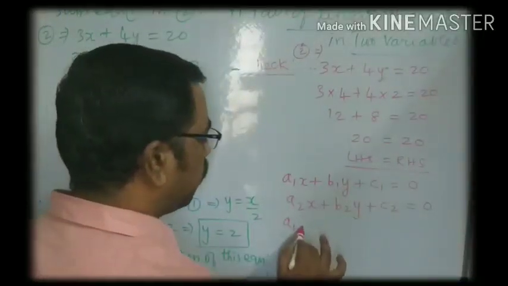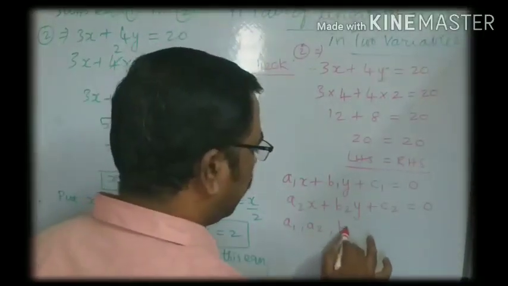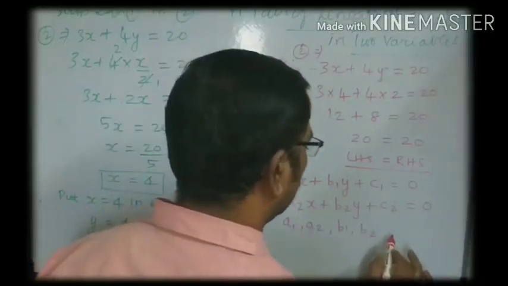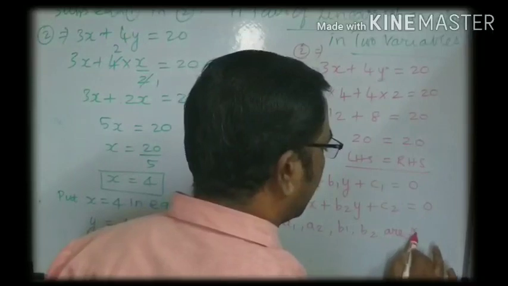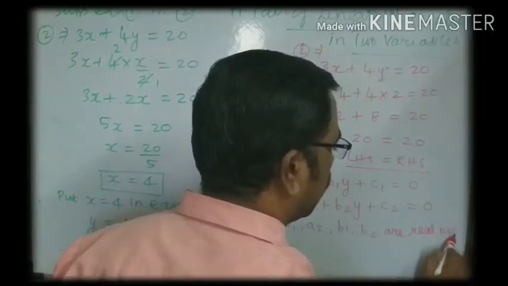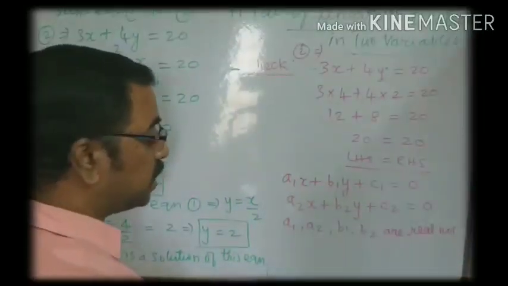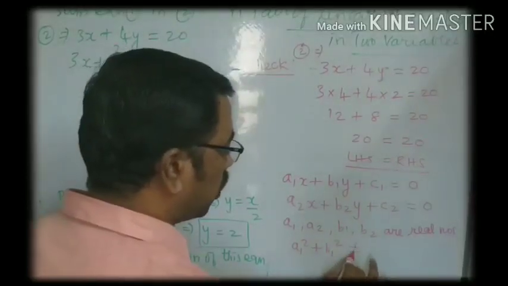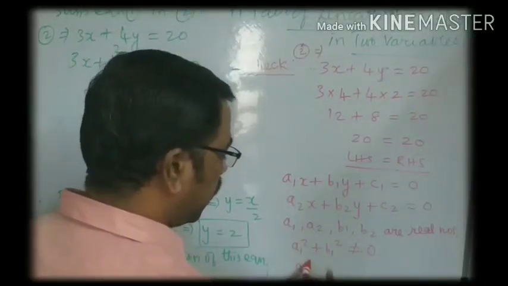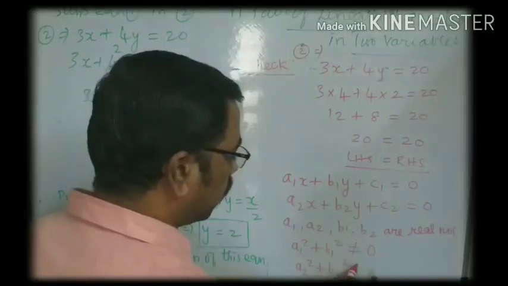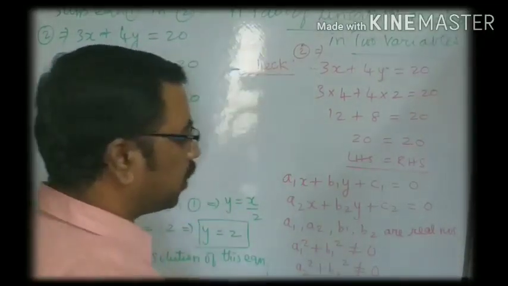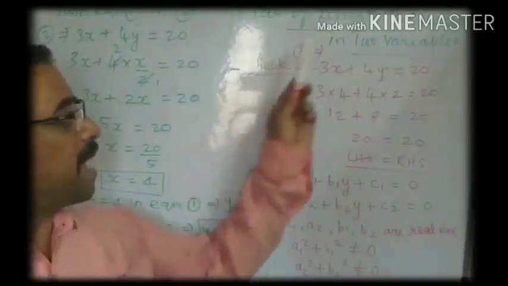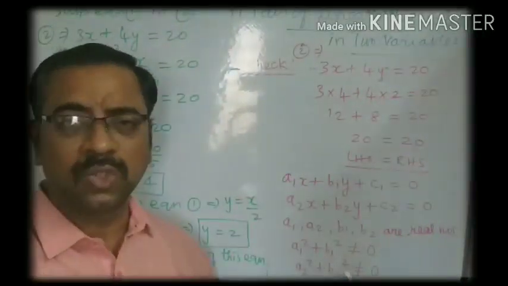Here a1, a2, b1, b2 are all real numbers, and it should also satisfy the condition that a1 square plus b1 square is not equal to 0. Similarly a2 square plus b2 square should not be equal to 0. That is the general form of representing the pair of linear equations in two variables.